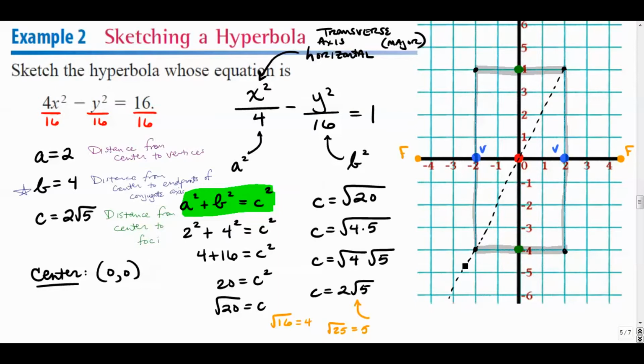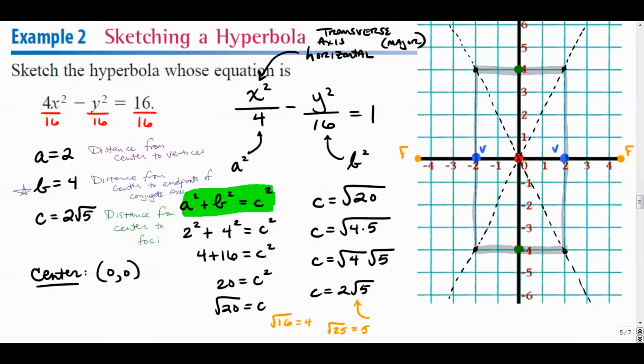You can extend it. And just do your best to keep these somewhat straight. And they'll extend down this way as well. These are guidelines for our parabola, or excuse me, for our hyperbola. And if you notice in the first video, we didn't really spend too much time on this. We didn't spend any time on this because I just wanted to get the basics down.